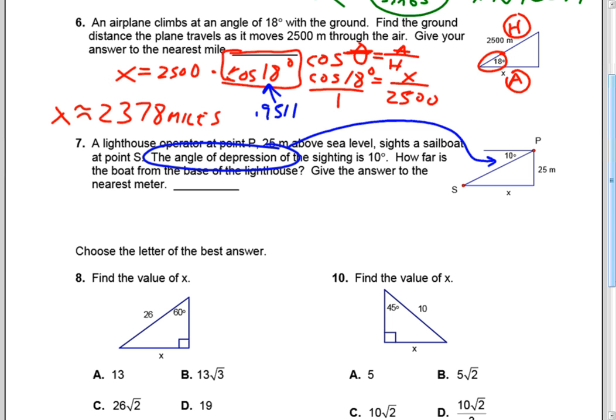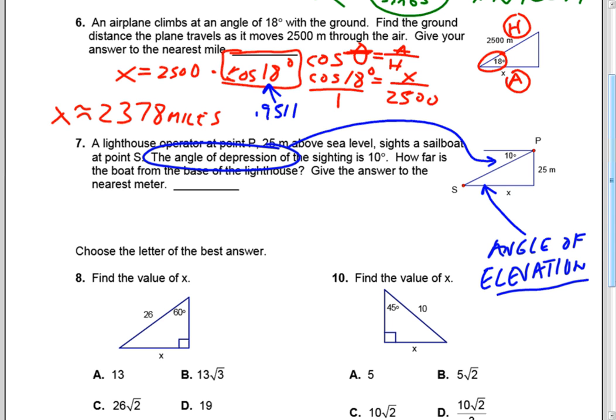This is a lighthouse and somebody's looking down, and that angle from horizontal down is called the angle of depression. Put another arrow down here and write angle of elevation. You're either going to be given one or the other, but they're the same thing.